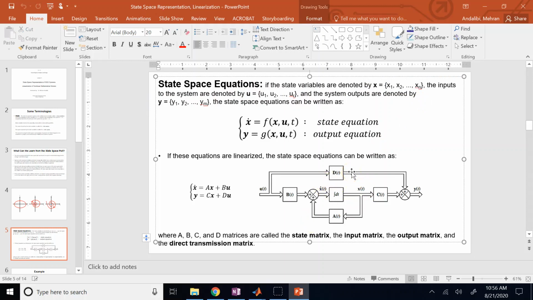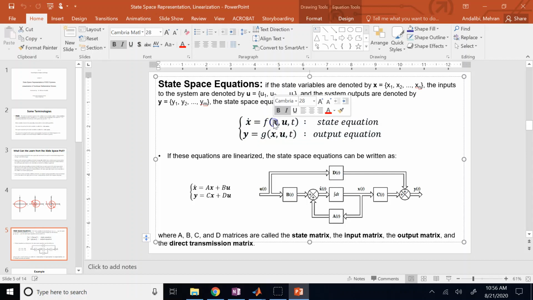Then the goal is, in general, to come up with two sets of equations, and these are vectors. First, first order differential equations, we call them state equations, in which you show how these state variables change versus time. So you calculate the first time derivative of each one of these states as a function of what?